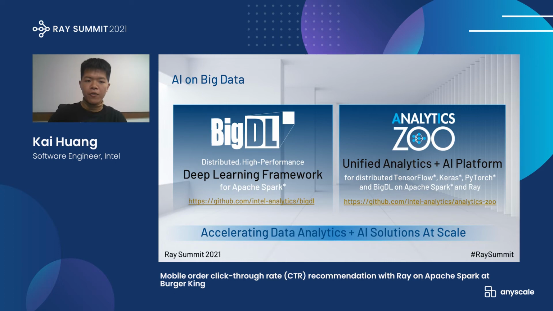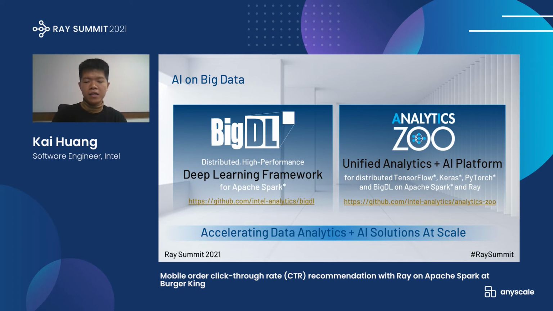Before that, I will give an overview of the work that Intel has been doing this year in enabling the latest AI technologies on big data. In 2016, we open sourced our first project named BigDL, a distributed deep learning framework developed natively on top of Apache Spark.